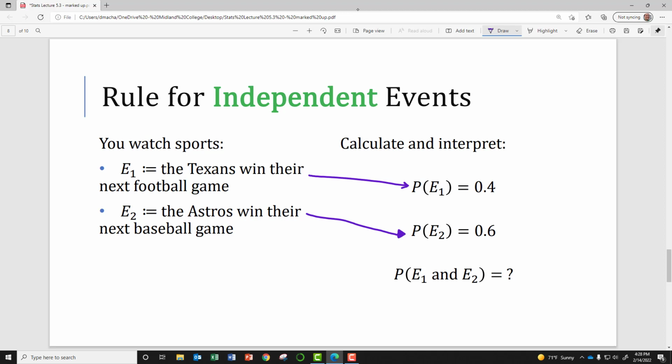And again, we can use that multiplication rule specifically because we're talking about independent events, right? So this is going to be 0.4 times 0.6. Now 6 times 4 is going to be 24, so this is 0.24 for my probability that both teams will win.